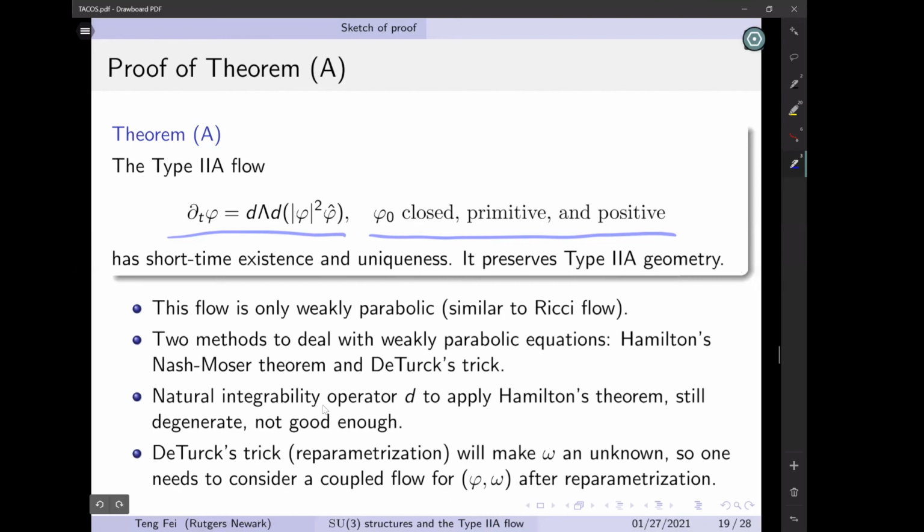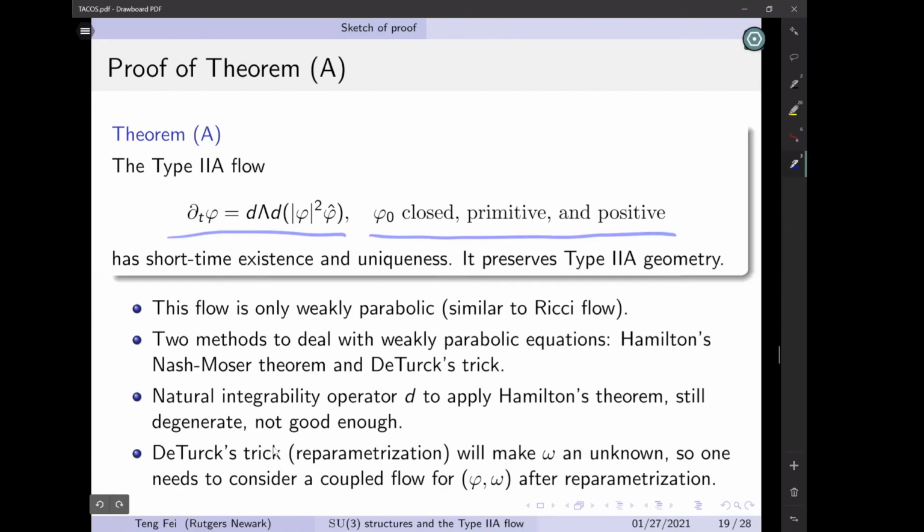Okay, so next we may want to try the DeTurck trick, that is, to reparameterize our flow. However, when you try to reparameterize your flow, immediately you realize that you should reparameterize everything, because the vector field you use in the DeTurck trick is actually evolving. You need to solve for it. You don't know it beforehand.